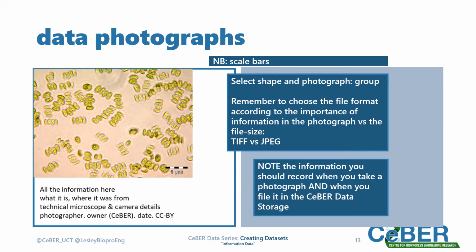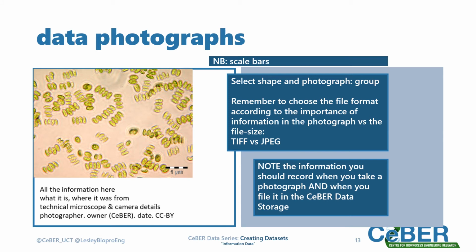And then choose your file format carefully. The two most common are TIFF and JPEG, and TIFF files don't have lossiness, so they don't lose anything, but they're very big. They take up a lot of data, a lot of space.